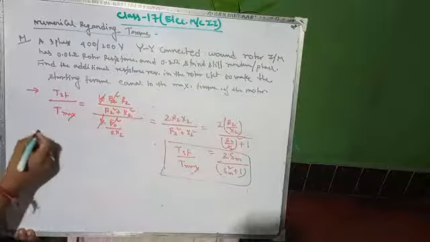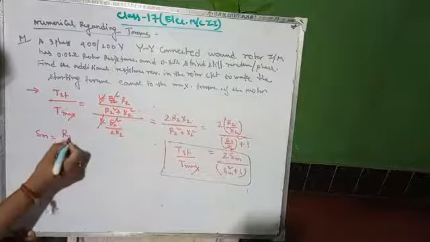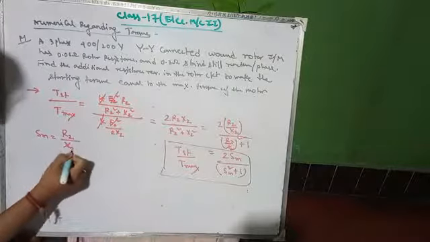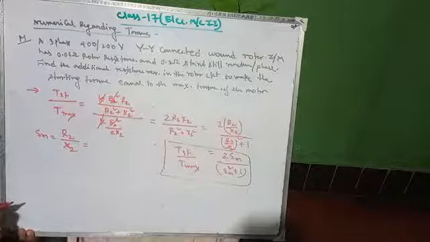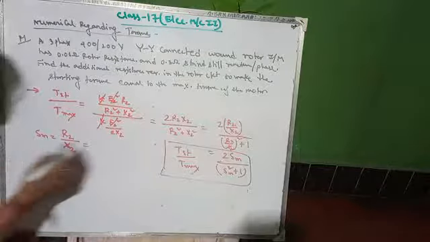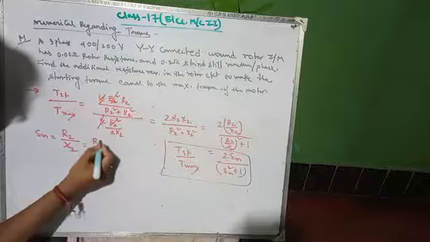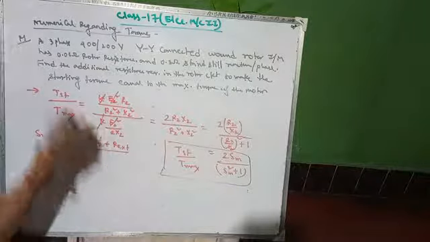Now here Sm we have to first find. Sm equals to R2 by X2. Sm means the slip for maximum torque. For this numerical you have to put R2 equals to whatever the R2 in previous case plus external resistance which should be connected in the rotor circuit.